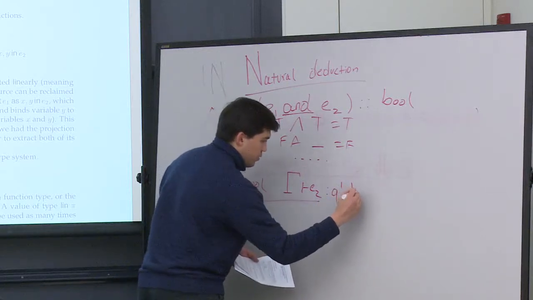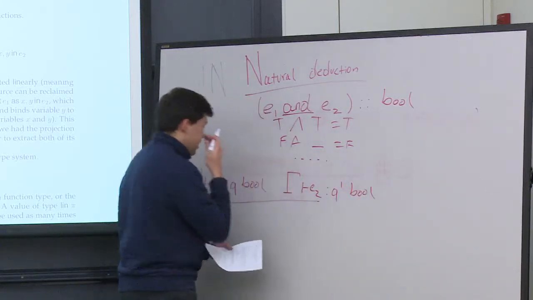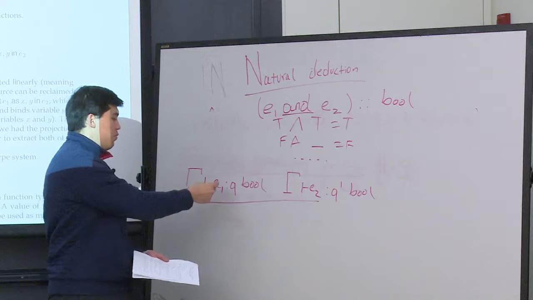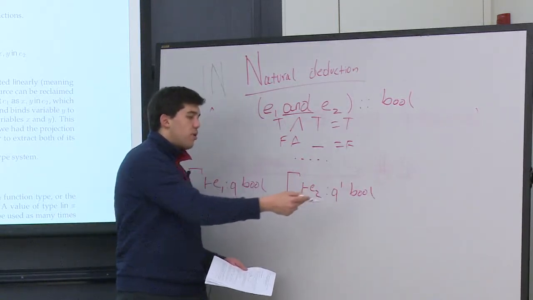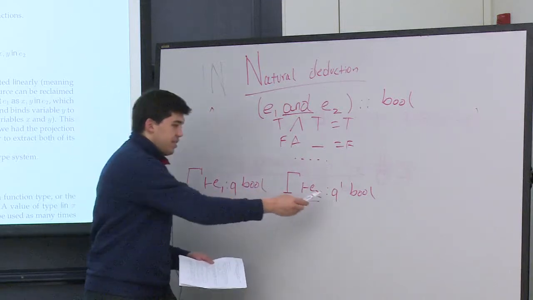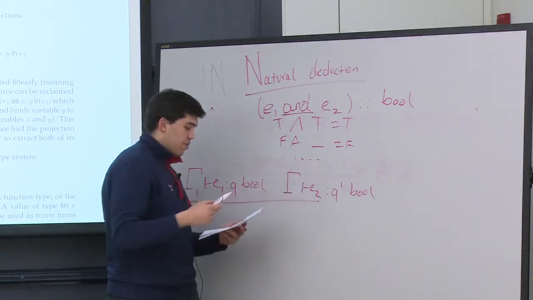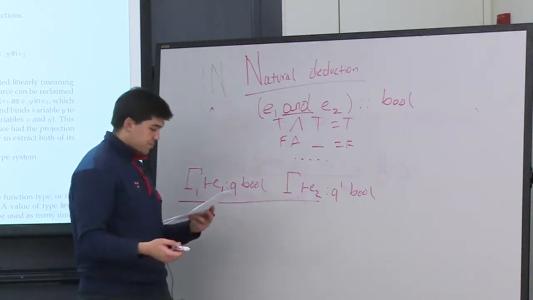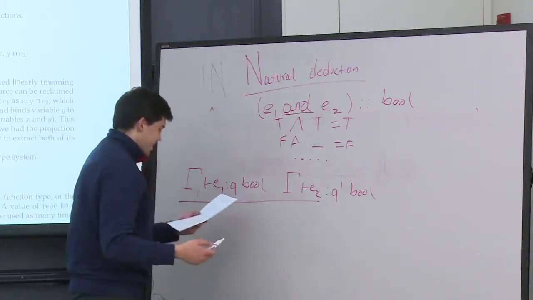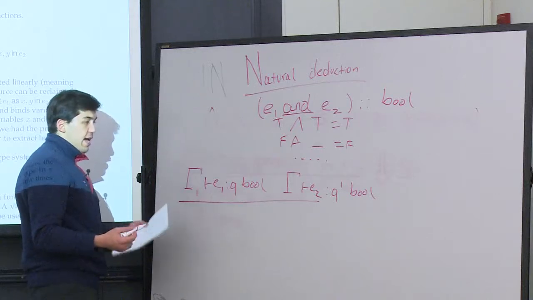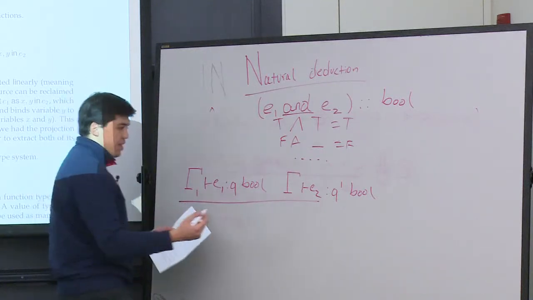So here, notice that I marked E1 here with the Q qualifier and the E2 with the Q prime qualifier. This is to show that these qualifiers might differ. Am I saying it right, qualifier? Yeah, okay.